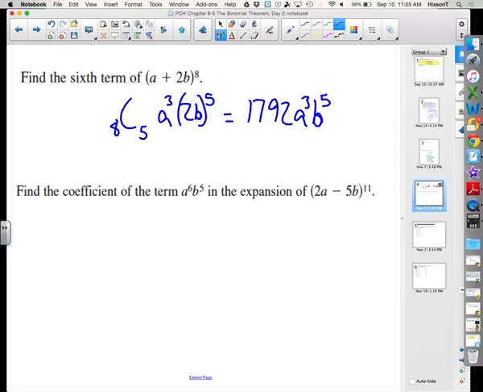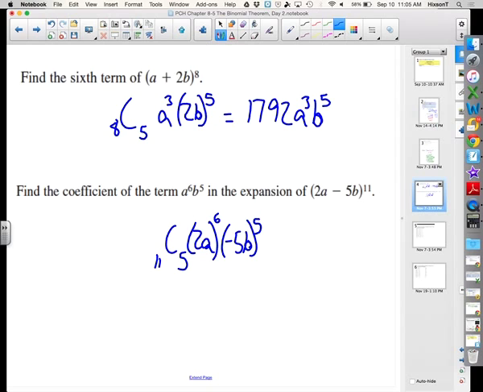Then this one, you would have had 11 choose 5, because b is to the 5th, and minus 5b is to the 5th, and the 2a is to the 6th power.